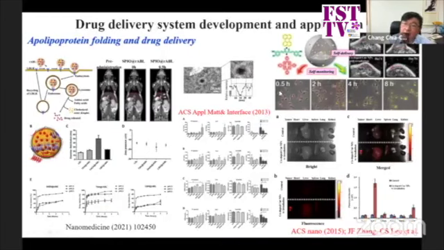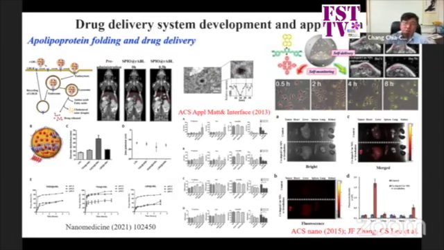Another topic in my lab is that we can refold the largest protein, such as apolipoprotein B. This is a 500 kilodalton protein, and it's the only protein in the LDL. So we can refold it and reconstitute its structure.